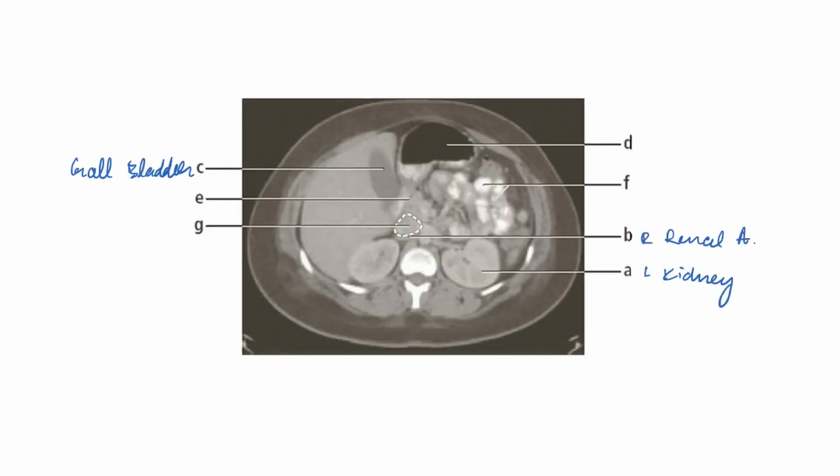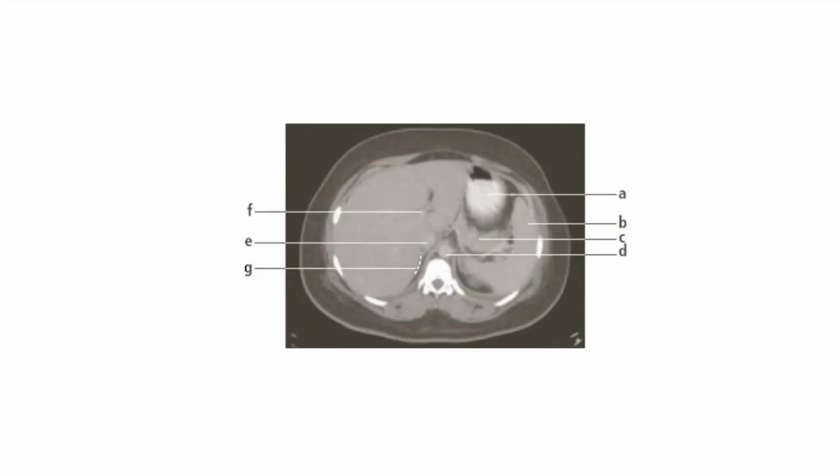D is stomach. E is duodenum. F is small bowel and G is inferior vena cava.